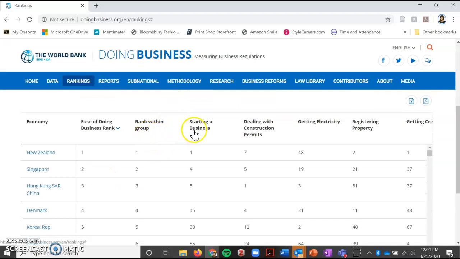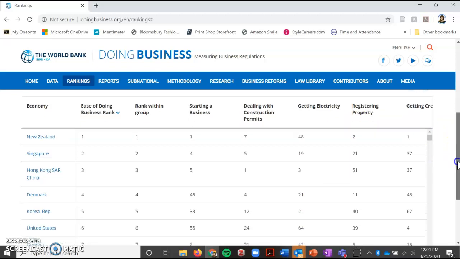You can see that starting a business there, they're number 1, super easy. They're number 7 for construction permits. It's pretty easy to get construction there. They're actually number 48 for getting electricity, so maybe their electricity source isn't as secure as, for example, Korea or Hong Kong, but that's still not too bad. And you can see here that registering property is pretty easy to do.